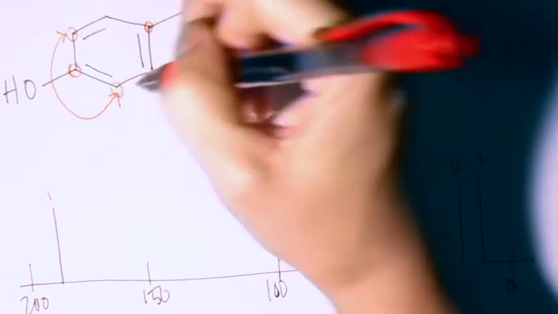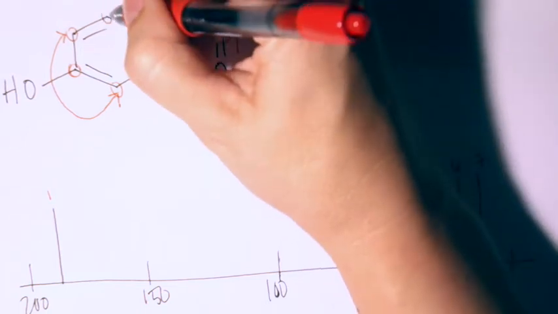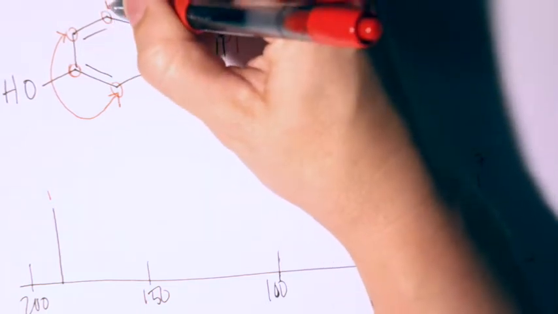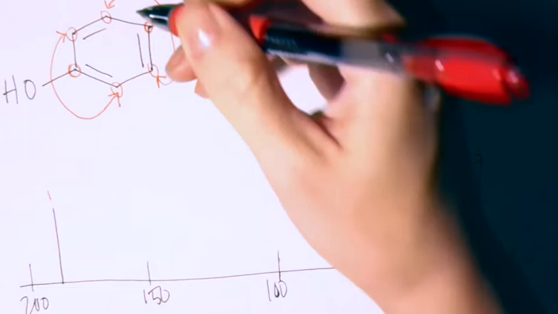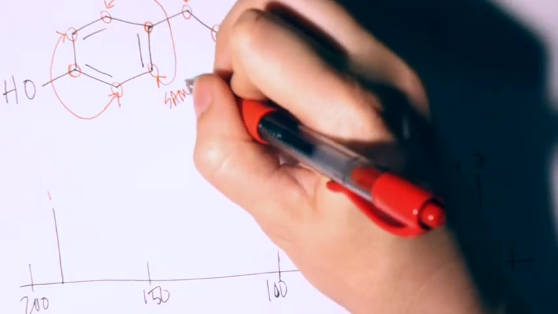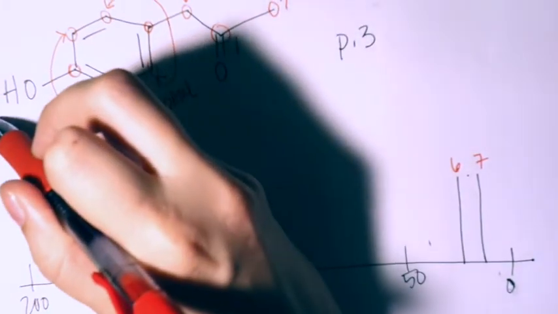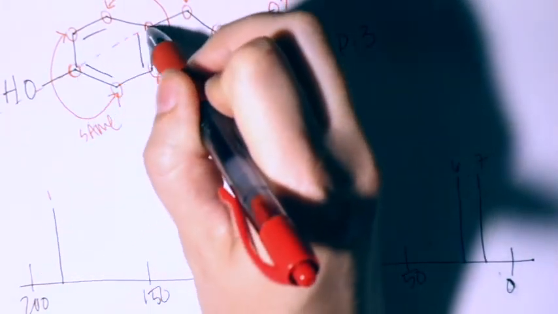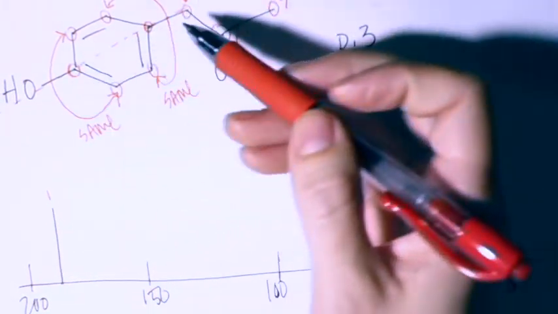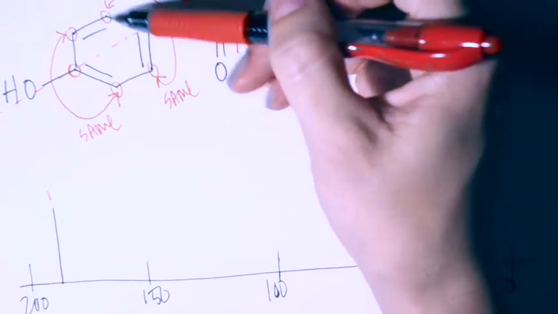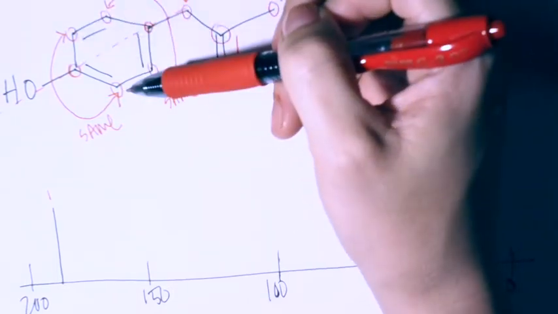So we have a pair of chemically equivalent carbons here and a pair of chemically equivalent carbons here. There's a plane of symmetry going down the molecule here, right? So these 2 are gonna be equivalent, these 2 are gonna be equivalent.